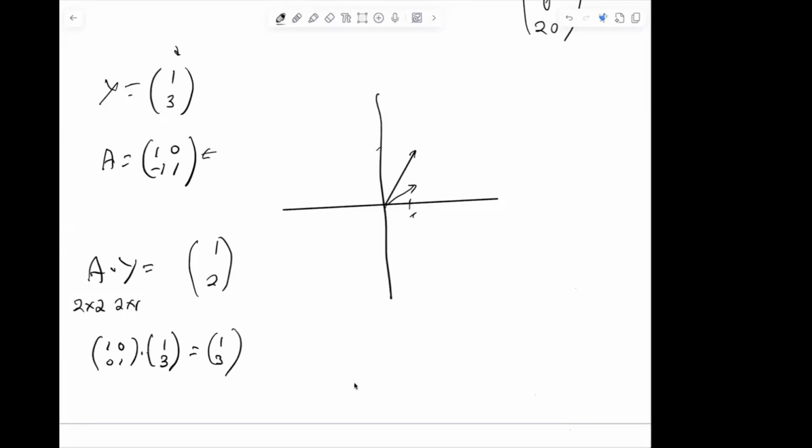Now, there's one kind of matrix which is very interesting, and that's the one that would only rotate the vector. These are called rotation matrices, and we will come to them in a second. So a rotation matrix will conserve the length of the vector.